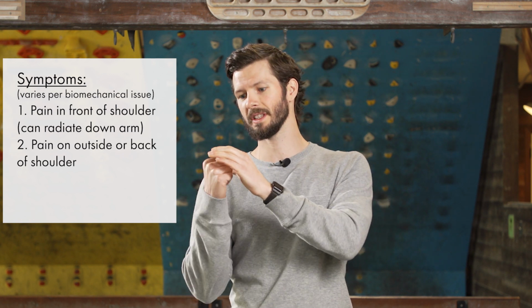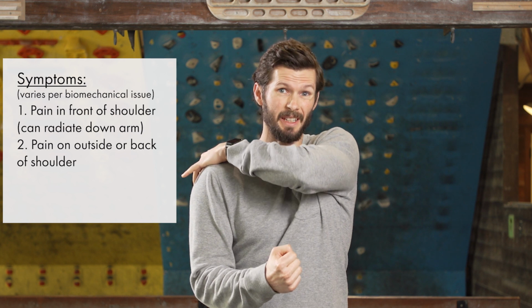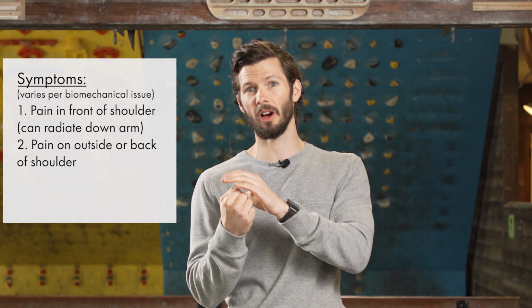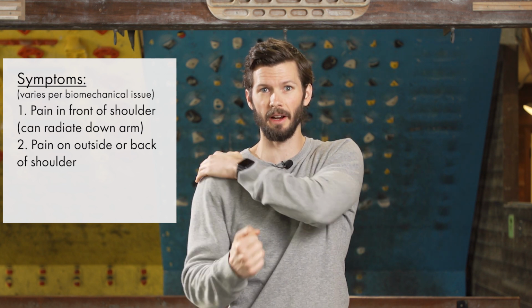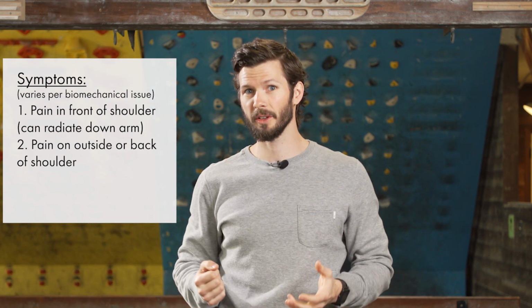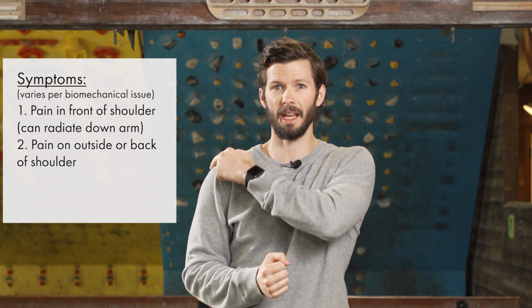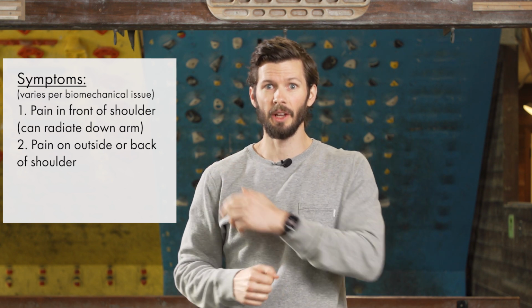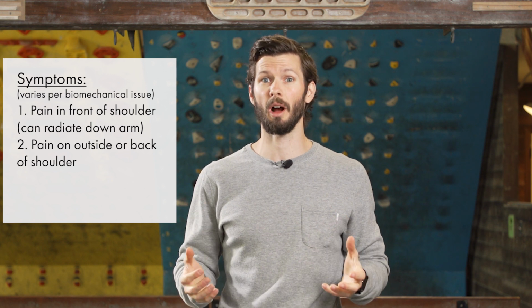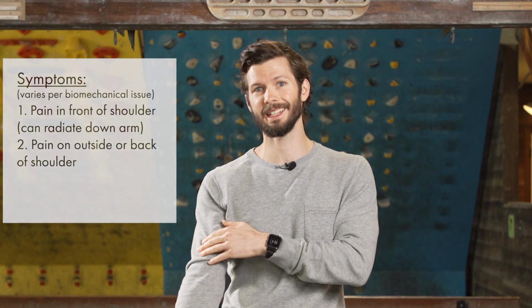If the issue is that shoulder coming too far forward, the muscles in the back, that infraspinatus, are going to be working way harder, so you may get more pain there. If it's an issue with upward elevation, you may have other structures involved, like the supraspinatus, so you may get pain on the outside of the shoulder. Those symptoms can be pretty broad, but we will notice that anterior shoulder pain, which can radiate down the arm.